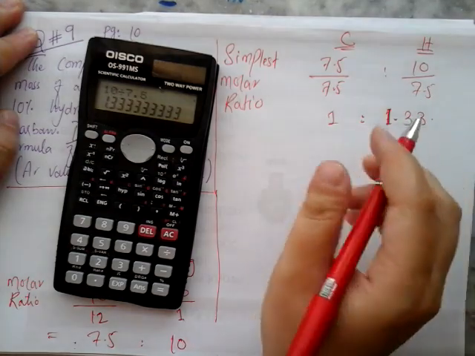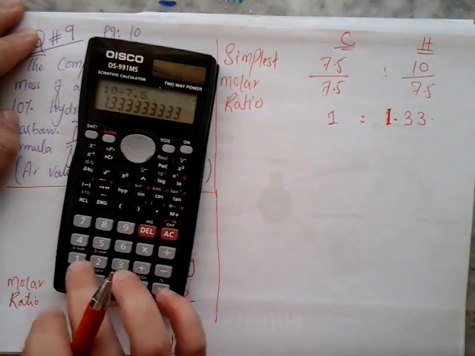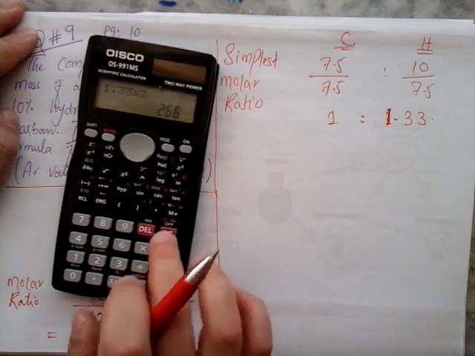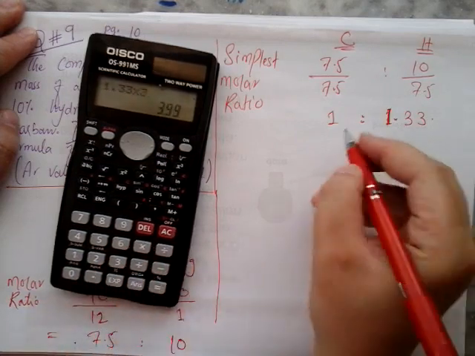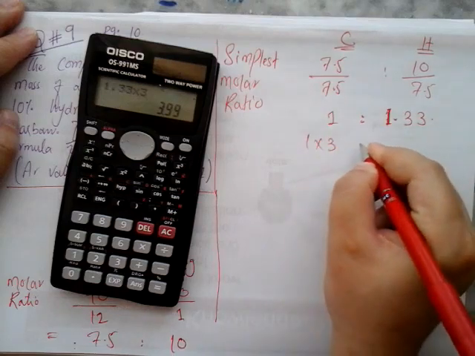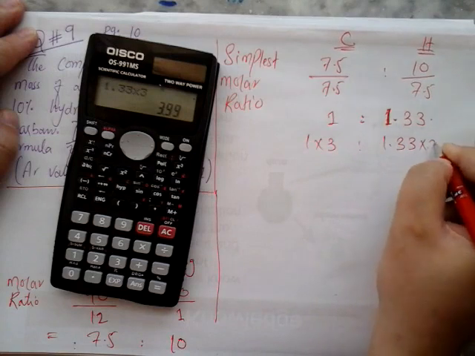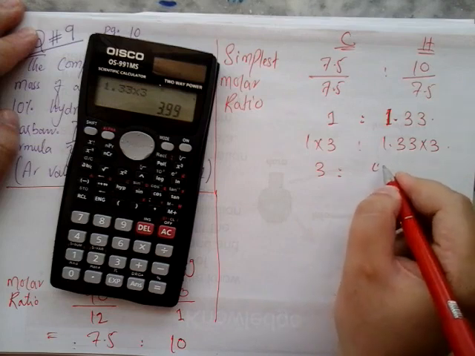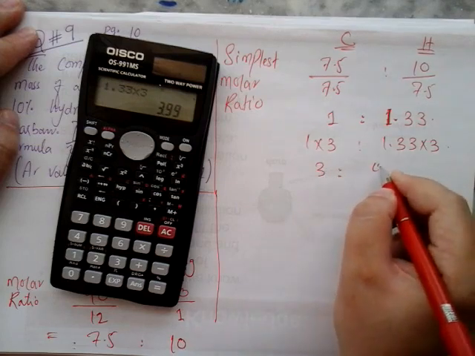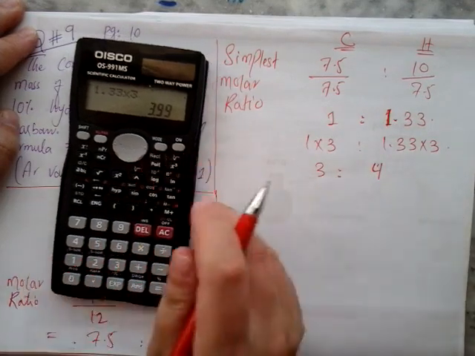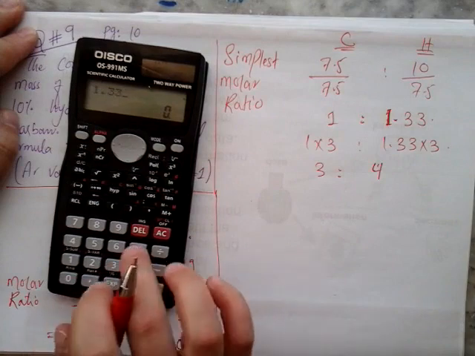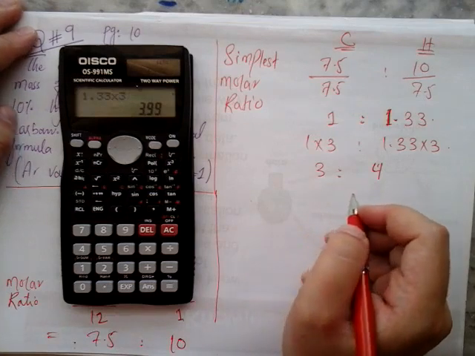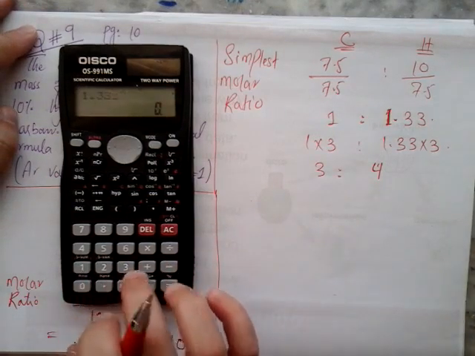So for this we have to multiply a number with the ratio. 1.33, if I multiply this with 2, it comes up to be 2.66, which is not correct. 1.33 multiplied by 3 gives 3.99, almost 4. So 1 into 3 and 1.33 multiplied by 3 is almost 4.